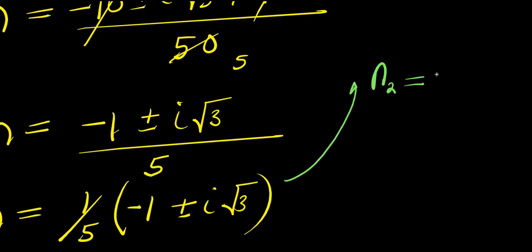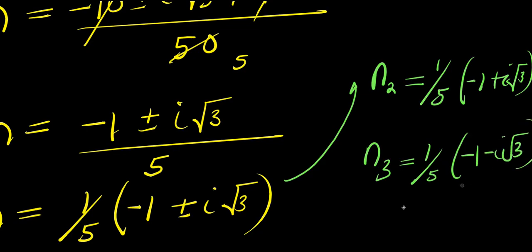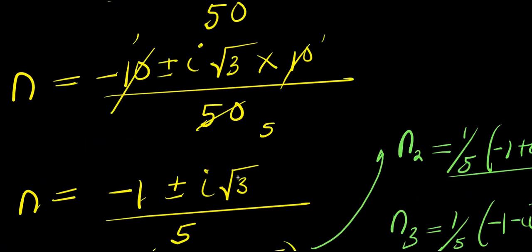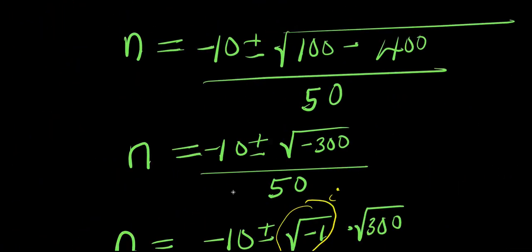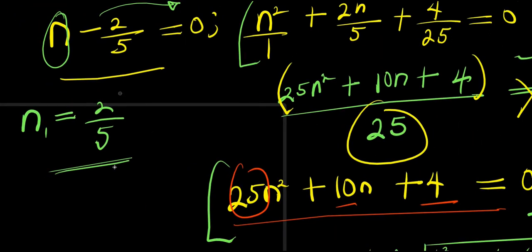We have n2 equals 1 over 5 of negative 1 plus i root 3, and n3 equals 1 over 5 of negative 1 minus i root 3. So these are the two complex values for n. We also have one real value for n, which is n equals 2 over 5.